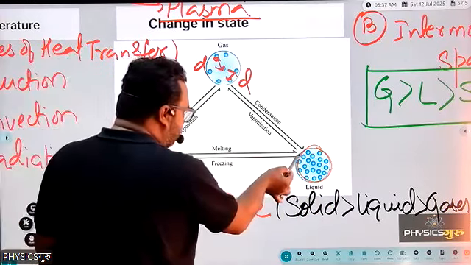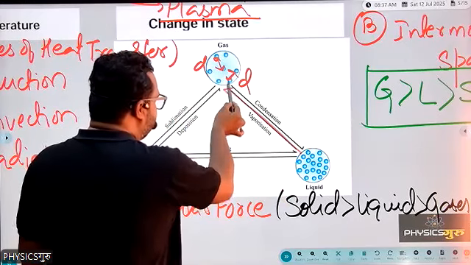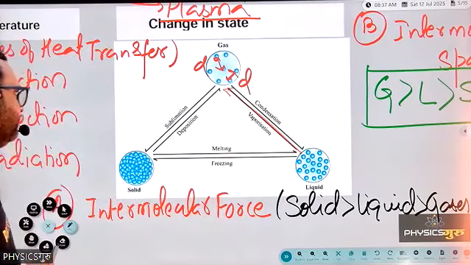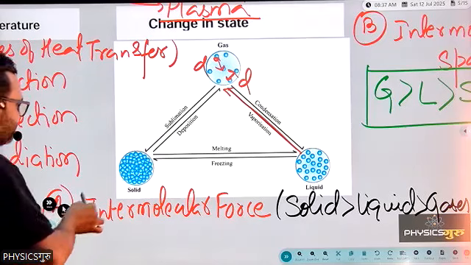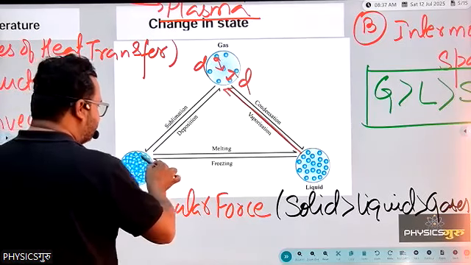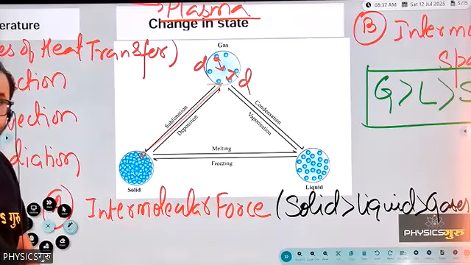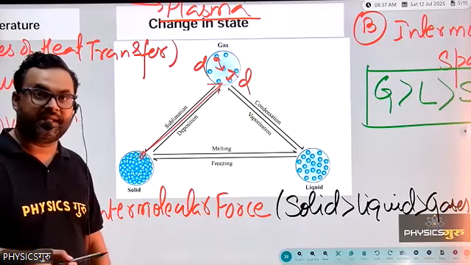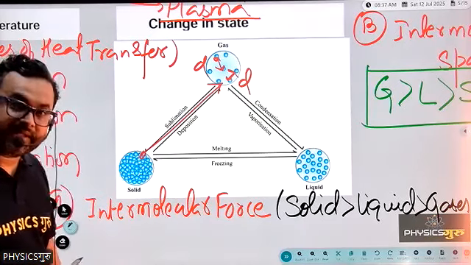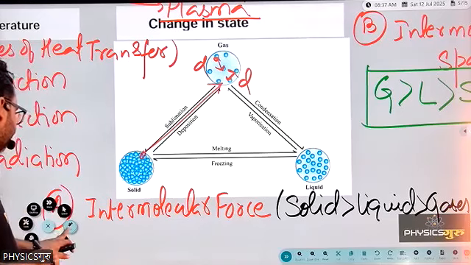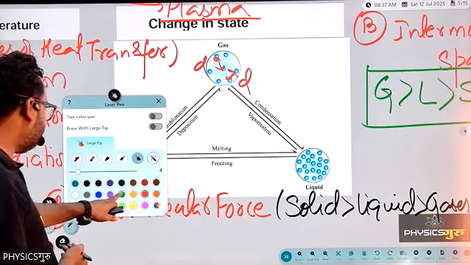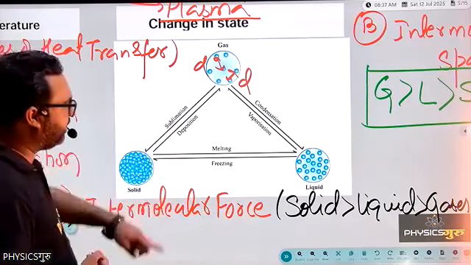When you heat the liquid further, that is the vaporization phase, it converts into gas. Sometimes a solid directly converts into gas, for example camphor and naphthalene balls. This process is called sublimation. Sublimation means direct conversion of solid to gas without passing through the liquid stage.